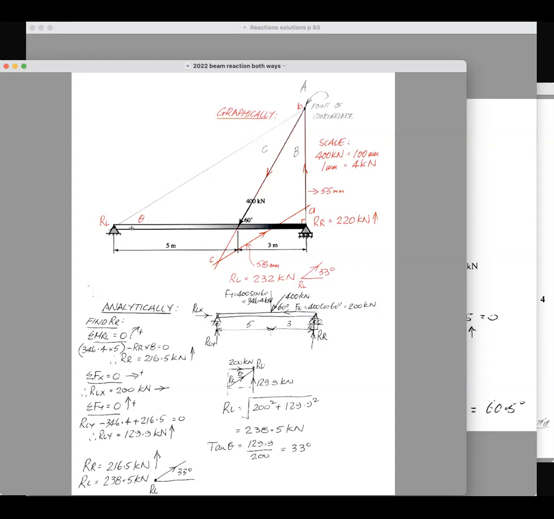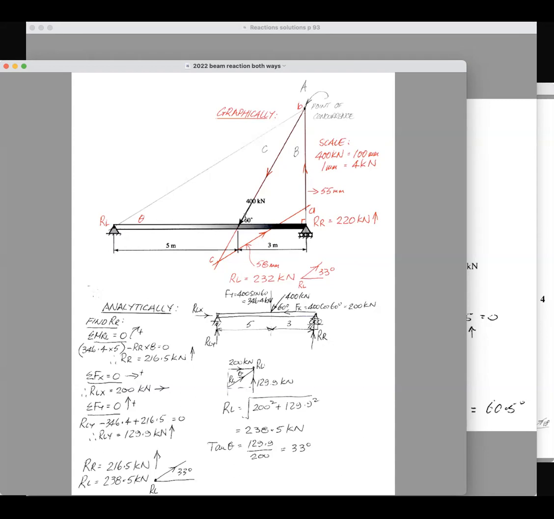So the first thing that you do is you've got to find this point of concurrence. And so you know that that force goes vertically up, and you're using your set squares. Make sure you line your set squares up on the horizontal line, and you've got 90 degrees on your set squares, so you can draw this line in accurately. Draw it up there, and then this line here, you just extend it.